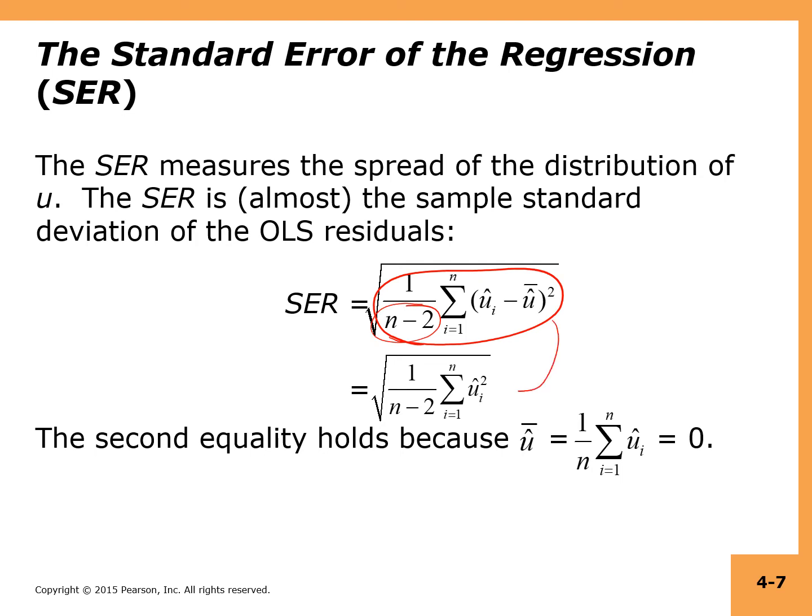From here to the second line holds because by construction of OLS, when you take a mean of residuals, it should equal 0. For more details on proof, you can look at the book by Stock and Watson.